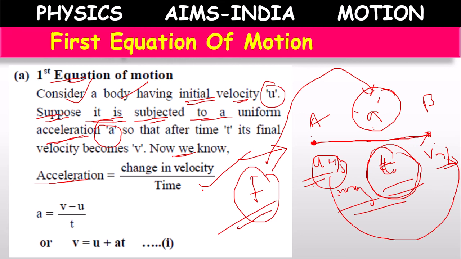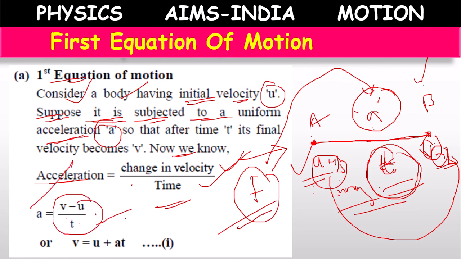Change in velocity by time. What is the change in velocity? Initially it was u at A, finally it was v when it went to position B. So change of velocity is v minus u, in how much time? t time. So acceleration equals v minus u by t.